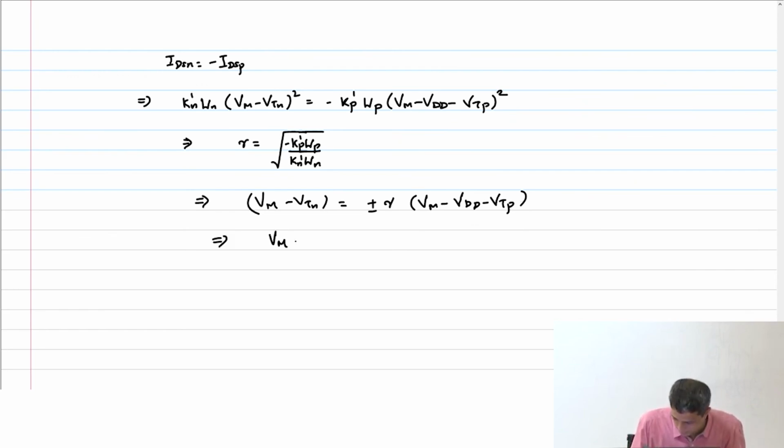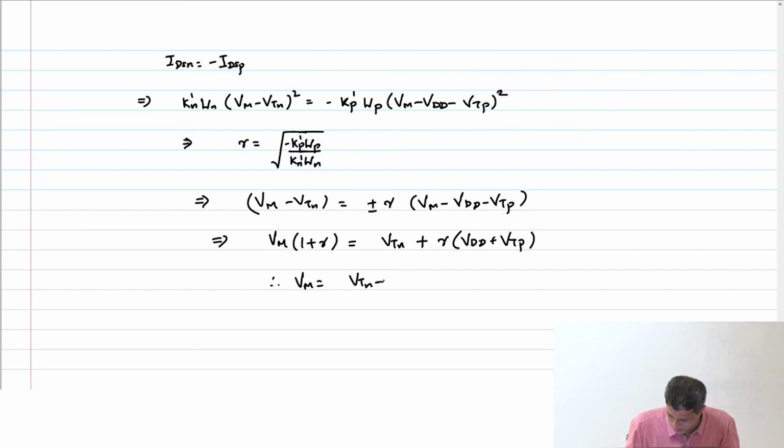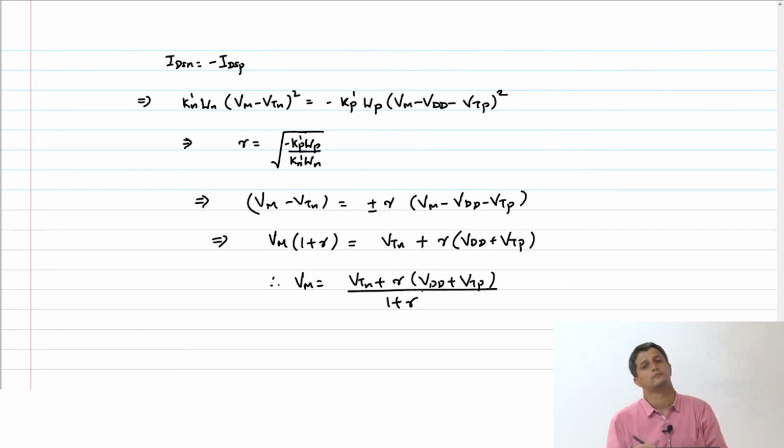This implies Vm into (1 plus R) equals Vtn plus R into (VDD plus Vtp). Vm equals (Vtn plus R into (VDD plus Vtp)) by (1 plus R).